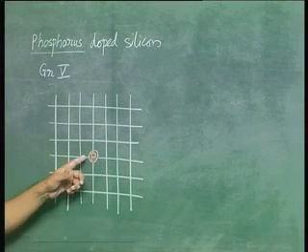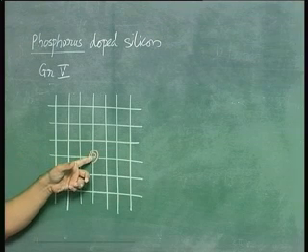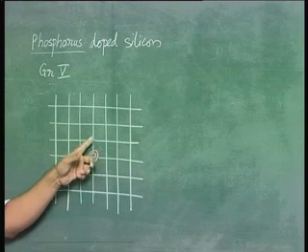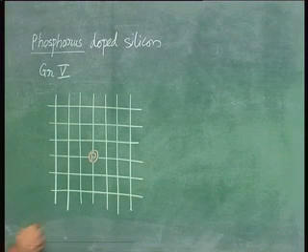Now one can ask, why should the phosphorus atom be located exactly in the place of silicon? Well, it is not necessary. The phosphorus atom can also be between two silicon atoms, but we will not consider such complications. We will take a simple situation.